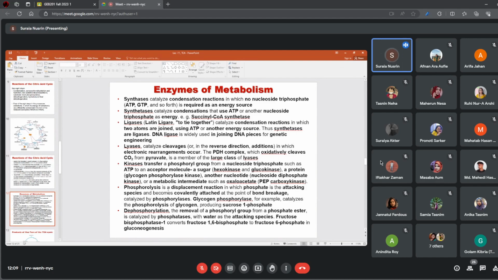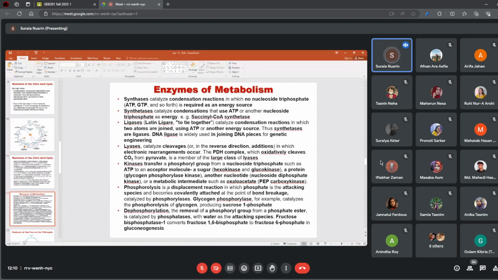Then comes another very commonly used enzyme in metabolism, obviously, called kinase. Kinases are the enzymes which are responsible for addition of a phosphate group to their substrate. And the source of the phosphate group is usually a nucleoside triphosphate, such as ATP.